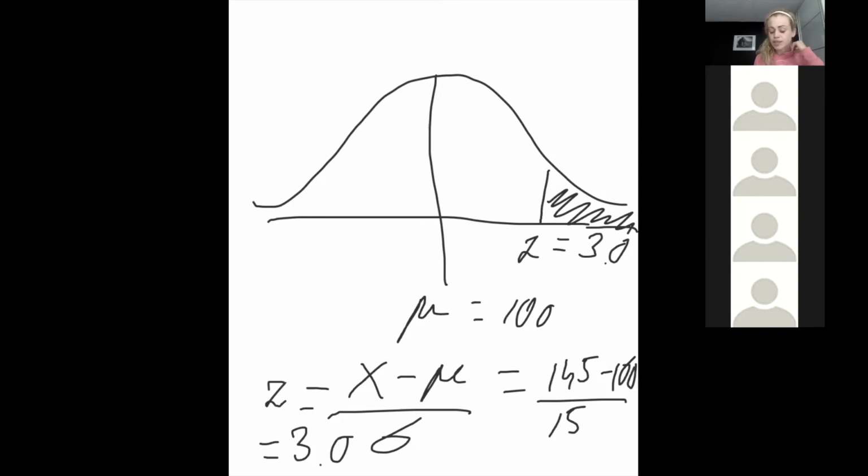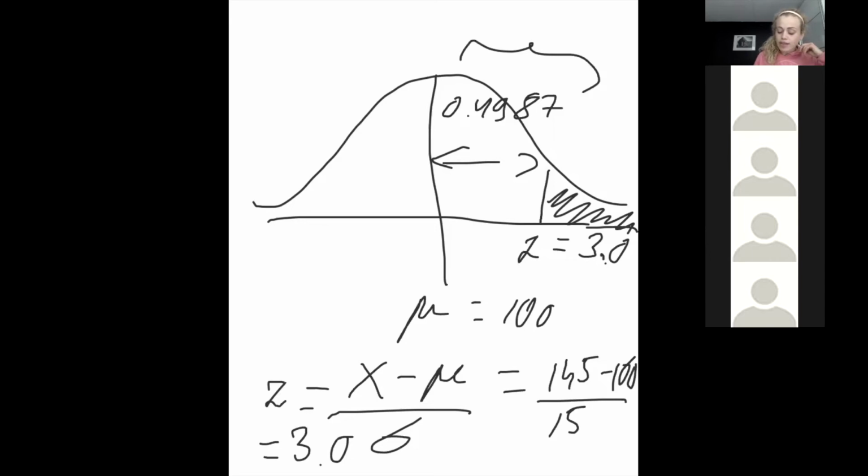And if we compute it in R or look at the tables, we know that for the critical value equal to 3, this distance will be 0.4987. And so the probability that the IQ score is greater than 145 will be this area.